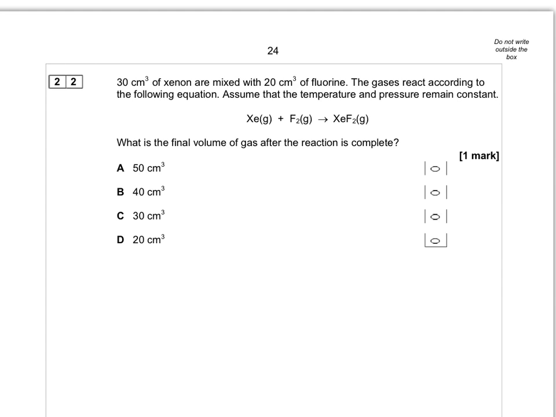So we need to know from the ideal gas equation that the volume and the moles are directly proportional to each other. We know we're starting with 30 centimetres cubed of xenon and 20 centimetres cubed of fluorine. We also know that 1 mole of xenon reacts with 1 mole of fluorine.